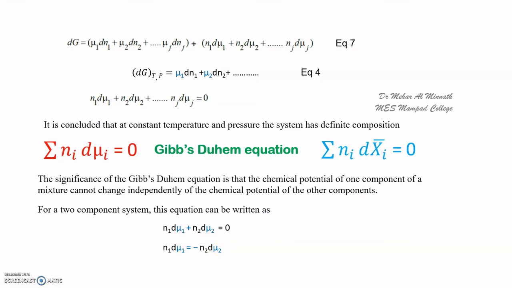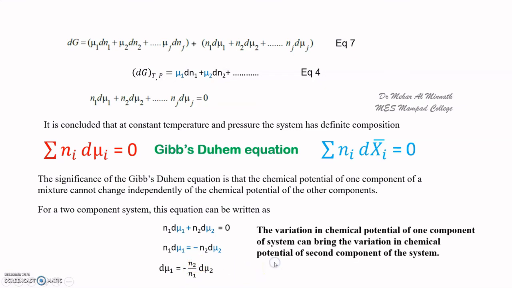So the chemical potential of one component of a mixture cannot change independently. You can rewrite this equation again as d mu1, the change in chemical potential of component 1, equals minus n2 by n1 d mu2. Okay, so it depends upon the ratio of the number of moles of each component.